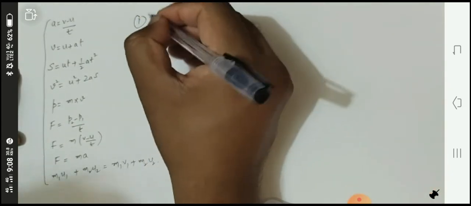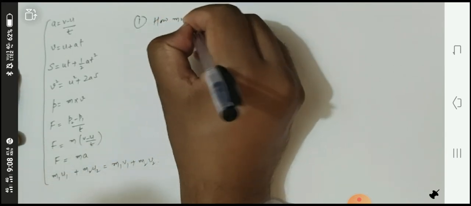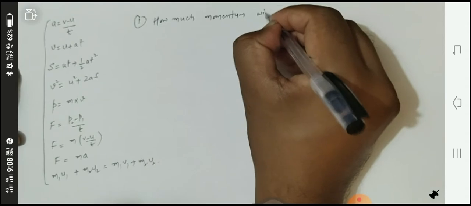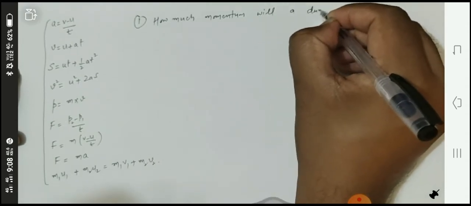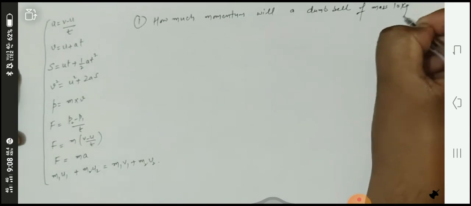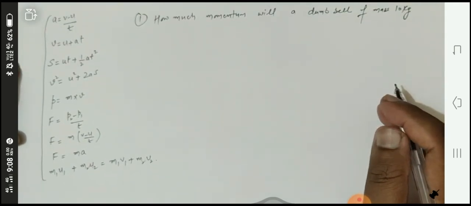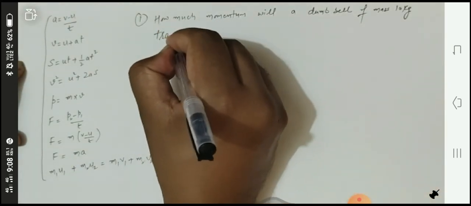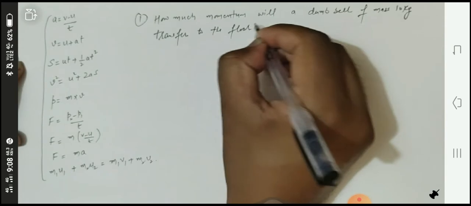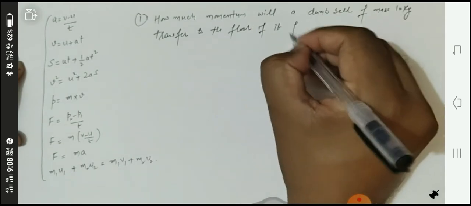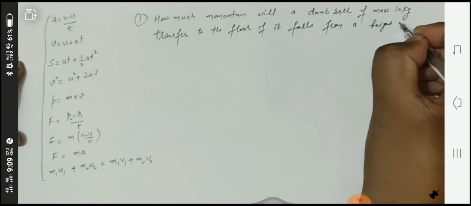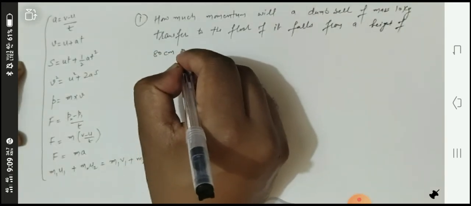The first question is: how much momentum will a dumbbell of mass 10 kilogram transfer to the floor if it falls from a height of 80 centimeter?